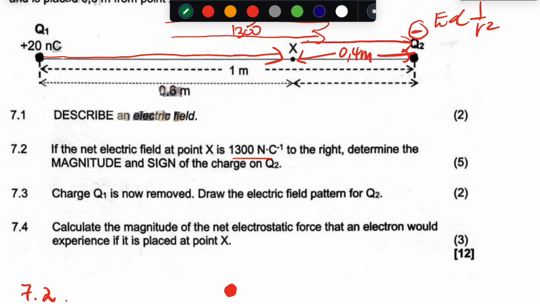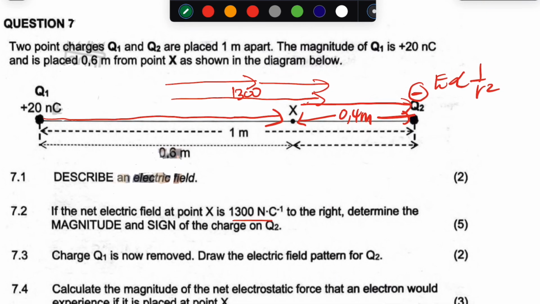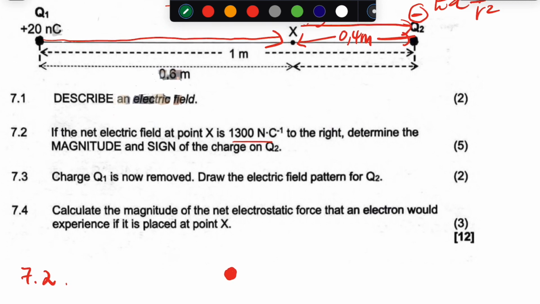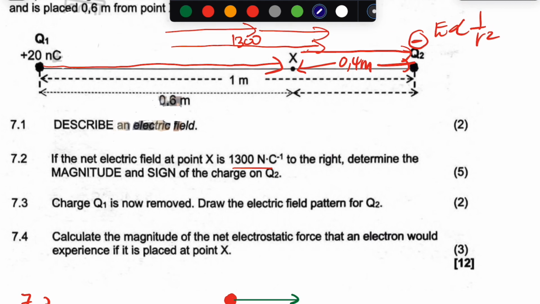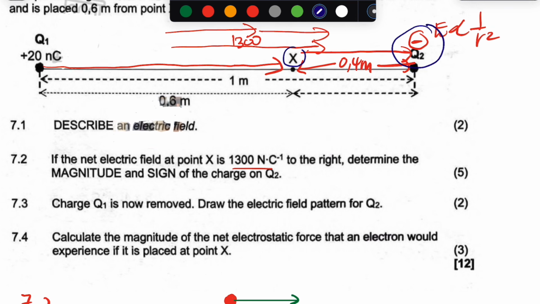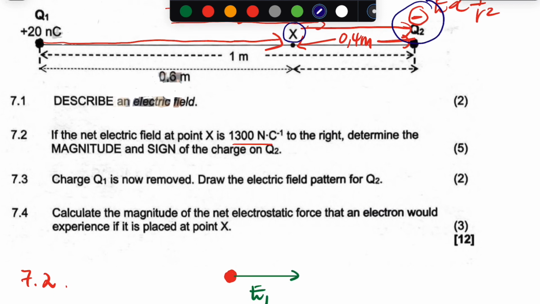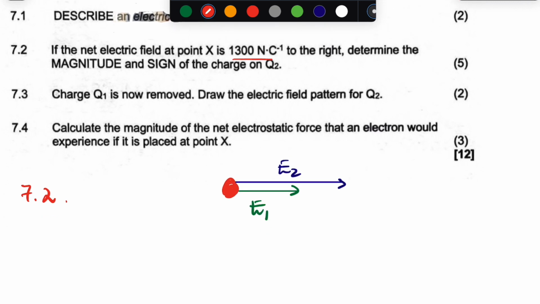The magnitude of the electric field exerted by Q1 on X, I'll say E1 because it's Q1, is going to be in that direction. And the magnitude of the electric field of Q2 on X is going to go to the right and is going to be bigger due to the distance. So I'll say this is E2, right?